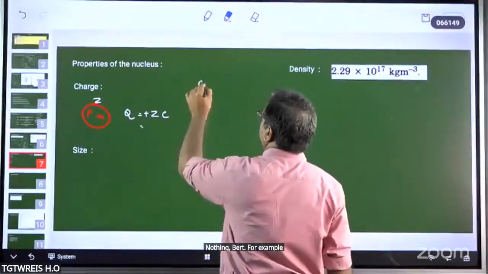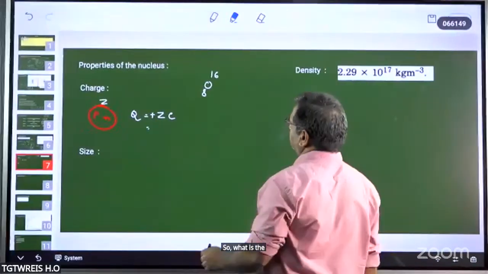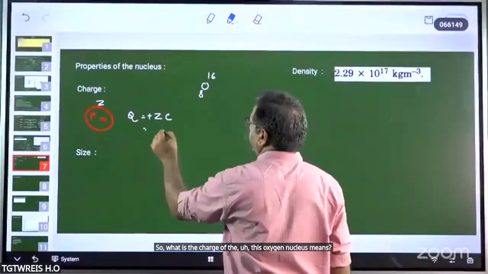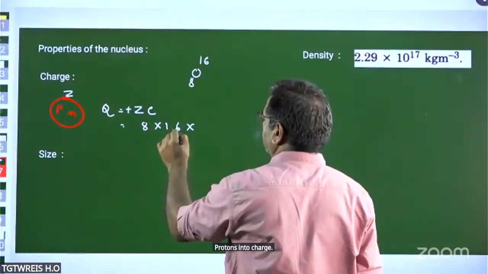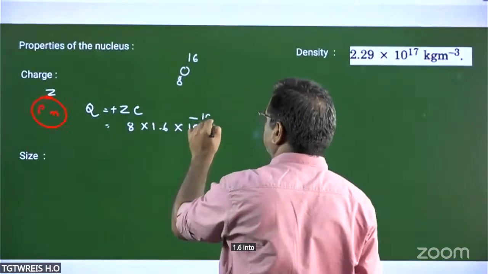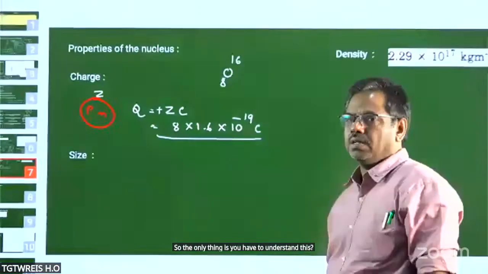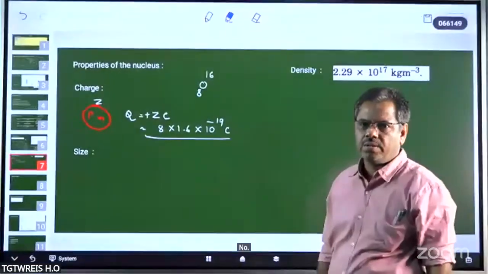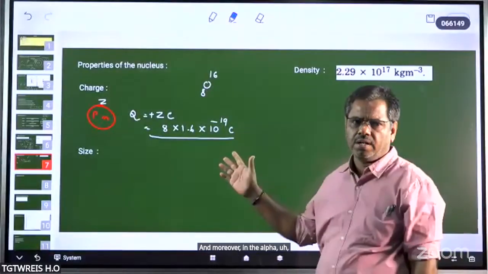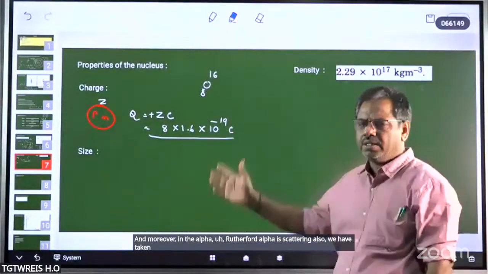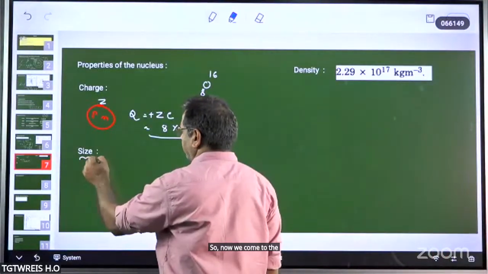For example, oxygen-16: what is the charge of this oxygen nucleus? 8 protons into charge 1.6 into 10 to the power of minus 19 coulomb. So the charge of the nucleus is positive. And moreover, in Rutherford alpha scattering also, we have taken the charge of the nucleus as Ze itself.